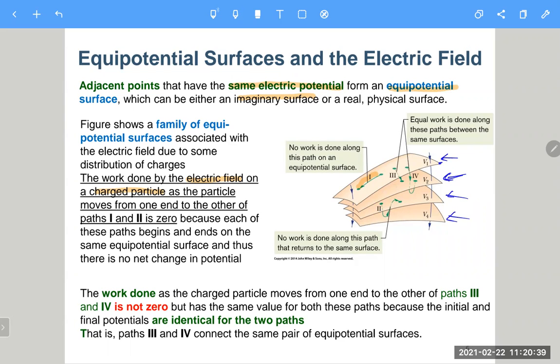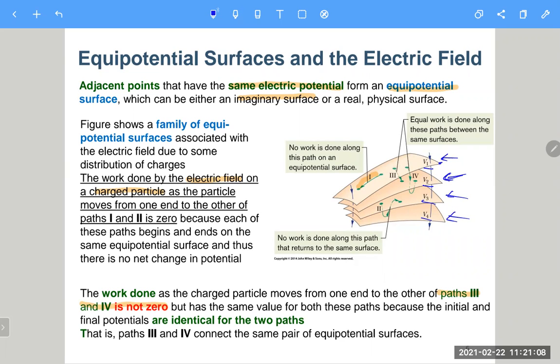And for path 3 and path 4, the potential change is not zero and the work done is not zero because, of course, we assume V1, V2, V3 and V4 are mutually distinct.